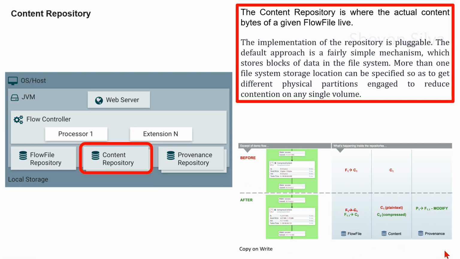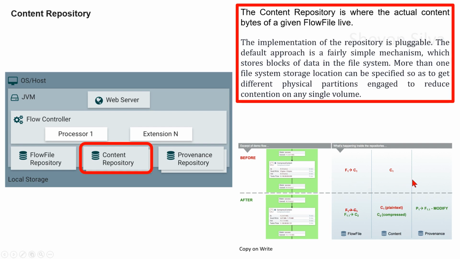Here you can see copy on write. In this example, we are focusing on the compress content processor of the template that compresses bundles of merged flow files containing web pages that were queued.